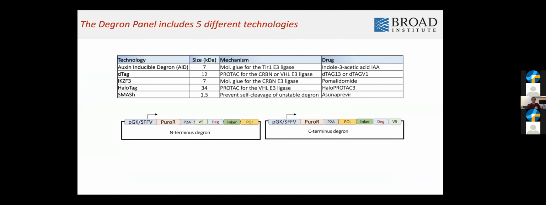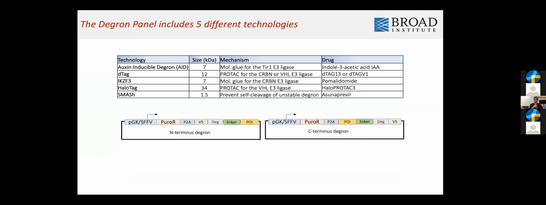So here we decided then to generate a panel of constructs. We selected 5 different Degron tag technologies. Shown here in this scheme is the AID system, the dTAG, IKZF3, the HaloTag, and the SMASh tag. I'm not going to get into the nitty-gritty details of how each technology works.